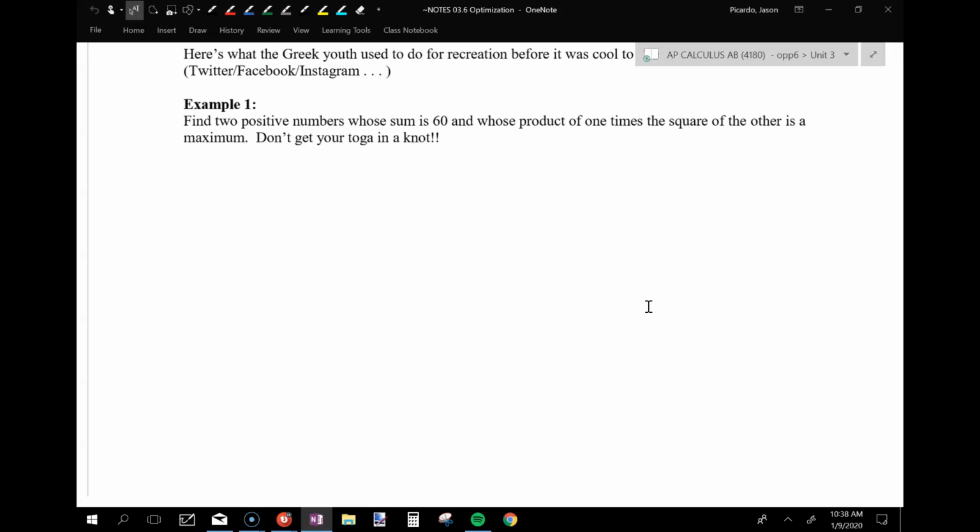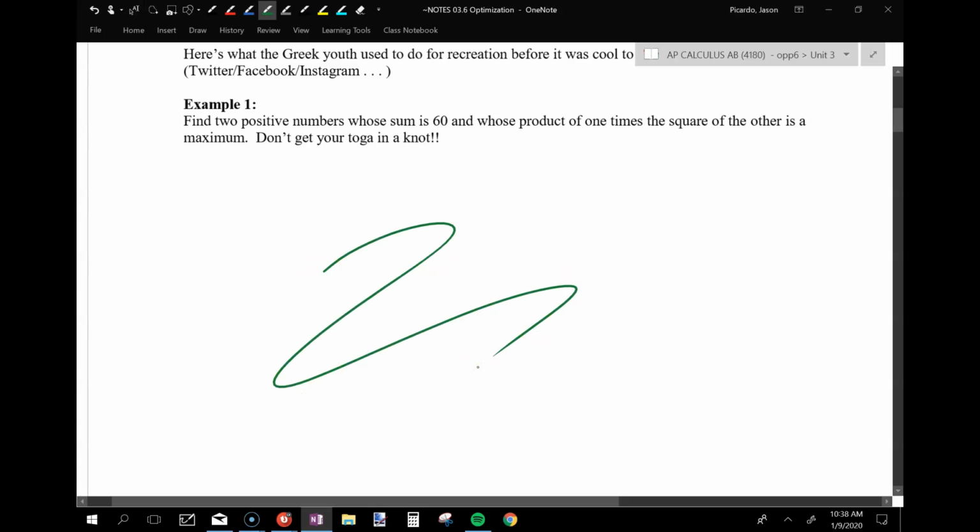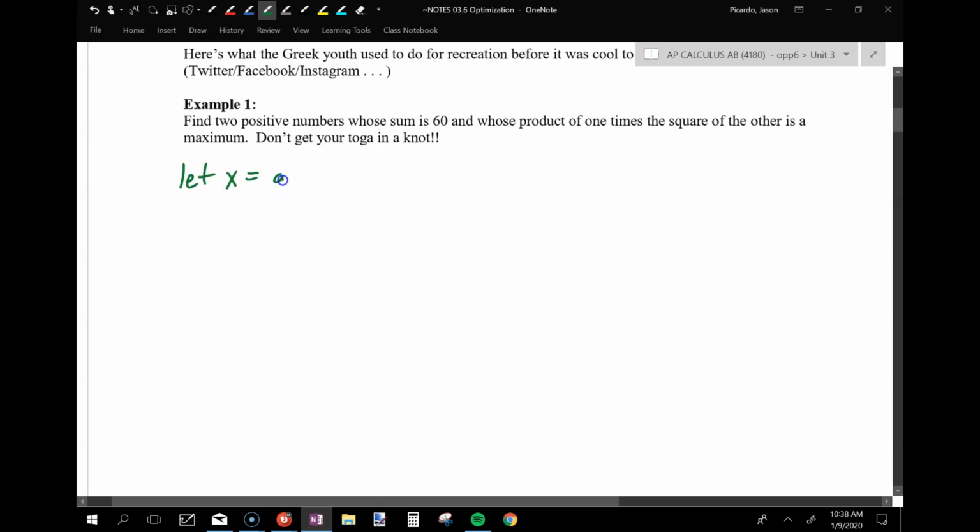So we're going to let x and y be positive numbers. All right, got two positive numbers, and the condition is that the two positive numbers have to have a sum of 60.